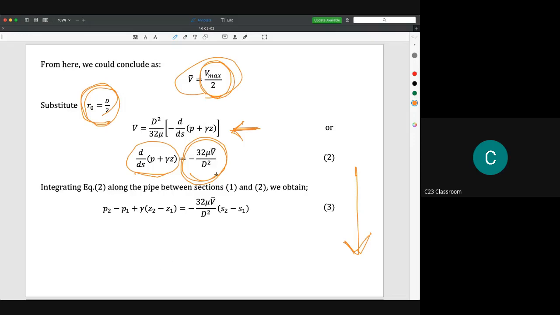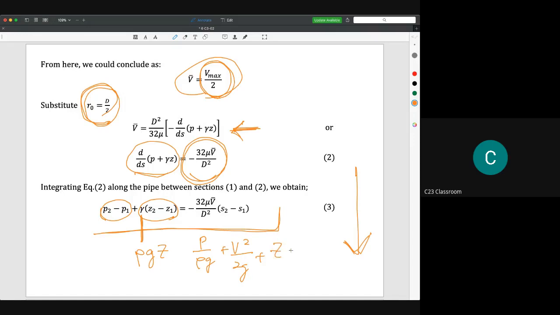This is actually the losses. This is from the Bernoulli equation. We have the pressure difference, and then we have the potential difference, so this is rho g and z. Normally people will use P over rho g plus V square over 2g plus z.